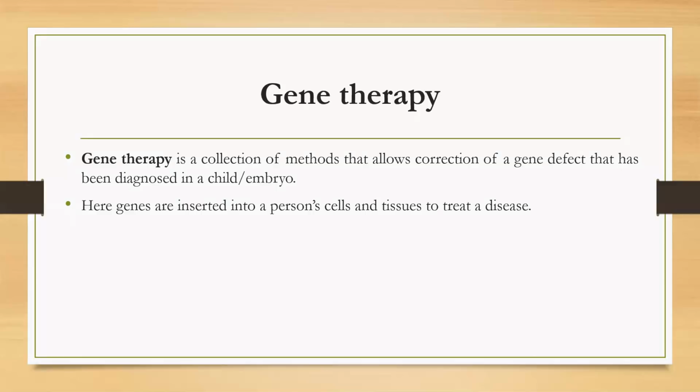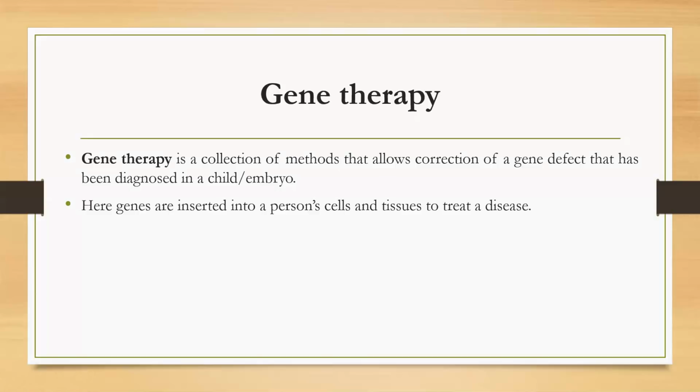So here genes are inserted into the person's cells and tissues to treat a disease. Here genes are inserted into the person's cells or tissues to treat a particular genetic disorder. Sometimes we can call it a disease. No need to worry about this.